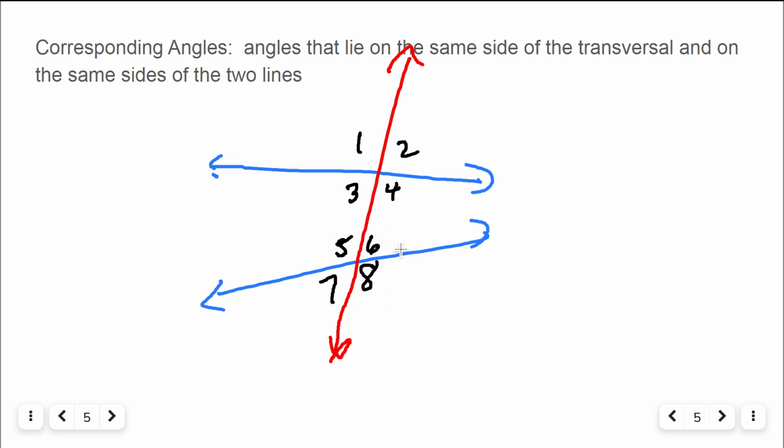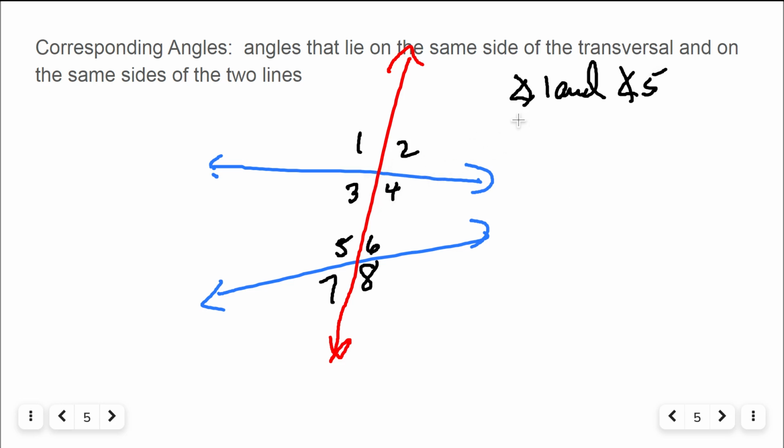The corresponding angles are the angles that are in the same location, okay, the same location on each one of the intersections. So for example, angle 1 is in the top left-hand corner between the blue line and that red line. But so is angle 5. If you look at this blue line and the red line, angle 5 is in the top left corner. They're corresponding. All right. Is there another pair? Yes, there are.